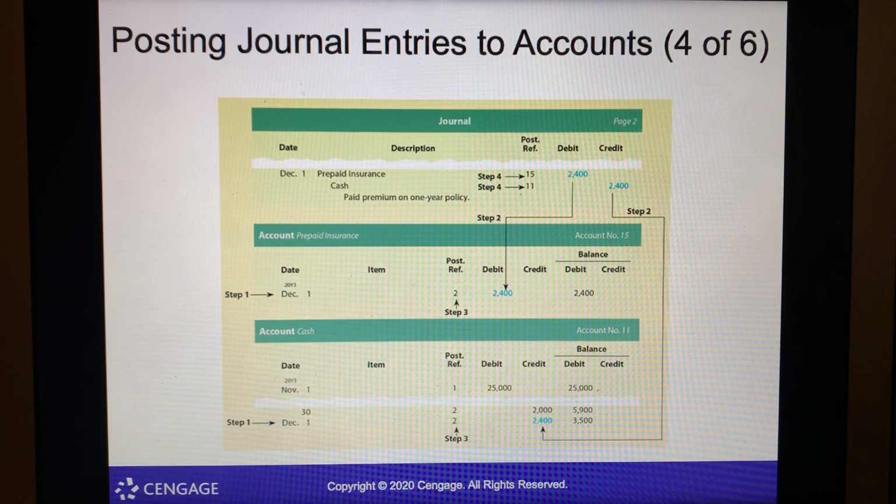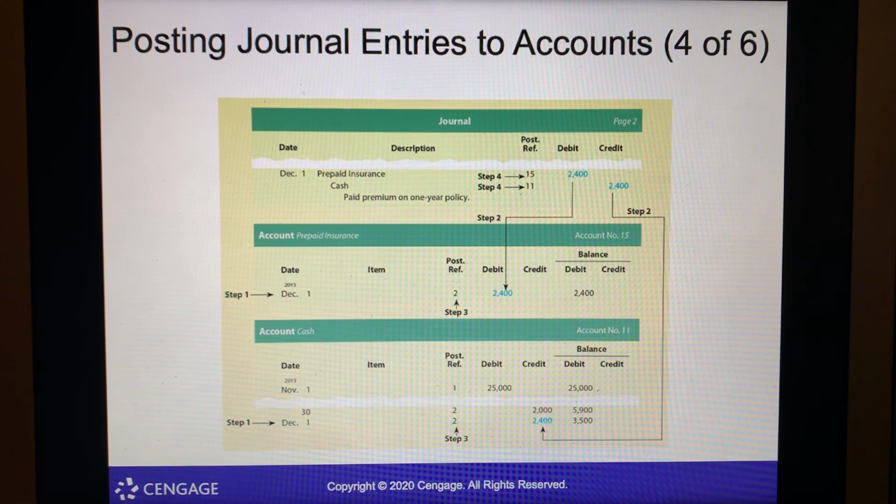So then prepaid insurance, again, step 1 is December 1, debited $2,400. That's going to come from the actual journal, and this is going to go into the account called prepaid insurance.